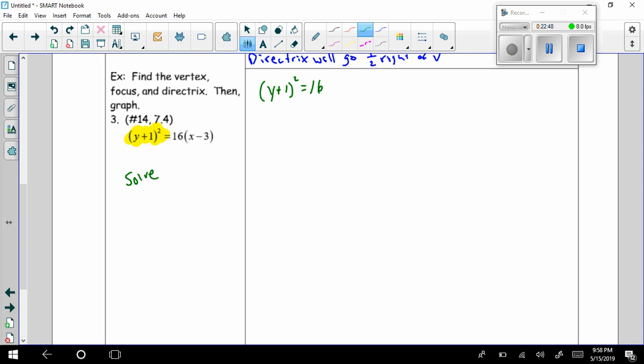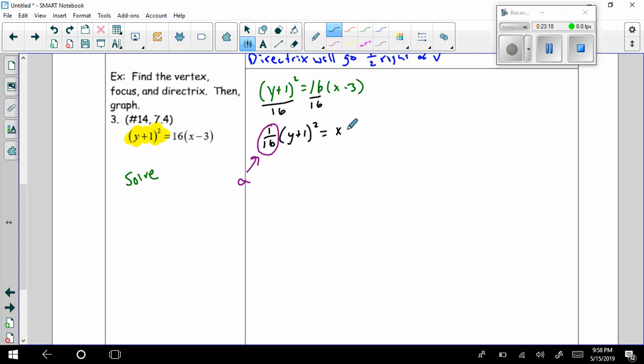X minus 3. So the first thing I'm going to do is just divide by 16 on both sides. But when you write that, you're going to put 1/16 times y plus 1 squared, because that has now become your a value. And that shouldn't change.